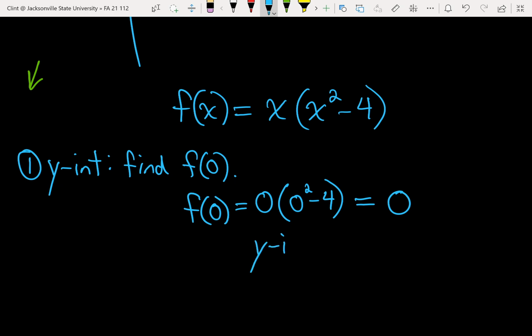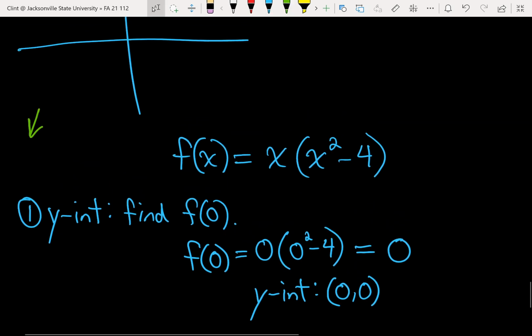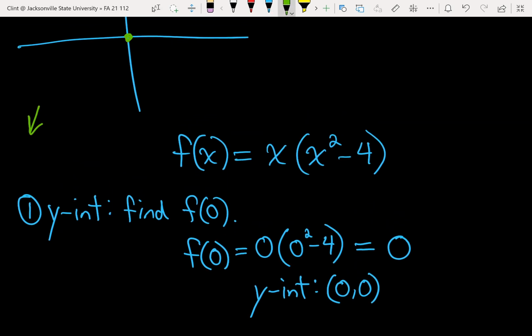So our y-intercept is at the point 0, 0. So as far as our graph is concerned, we know our graph has to go through the origin, through 0, 0. So if we have any graph choices that do not go through 0, 0, then we know they're not correct, right? We can throw those options out.